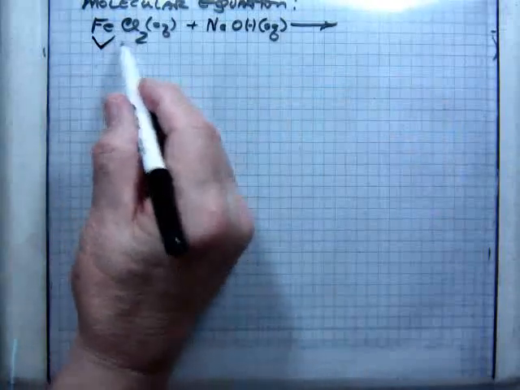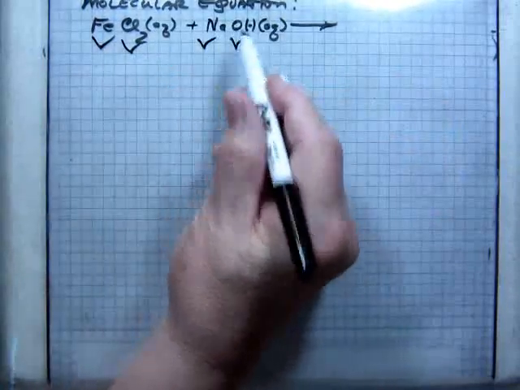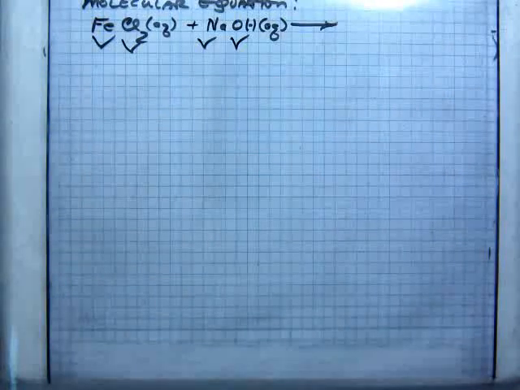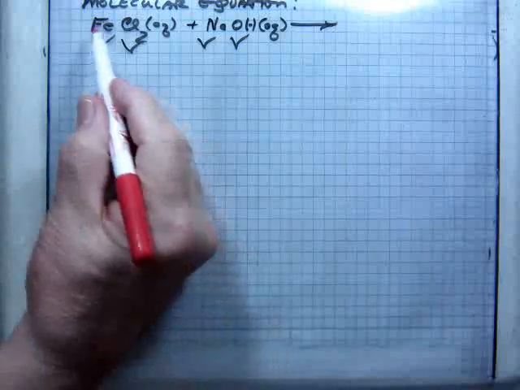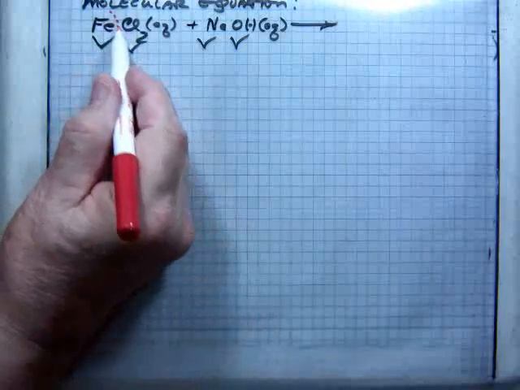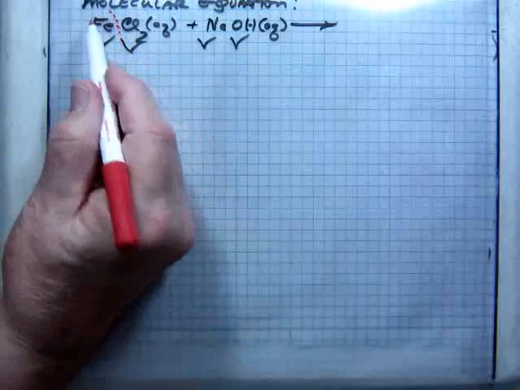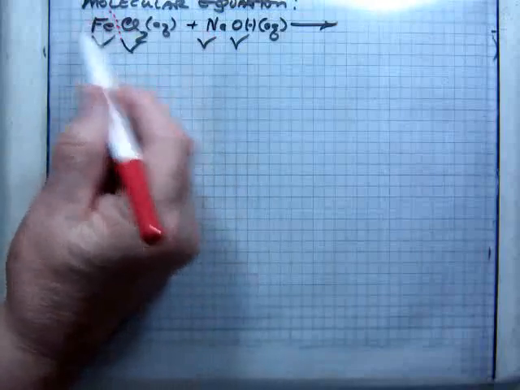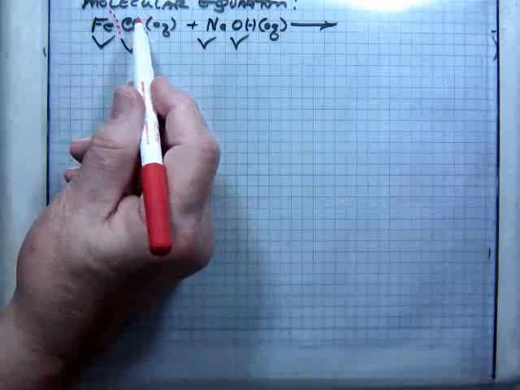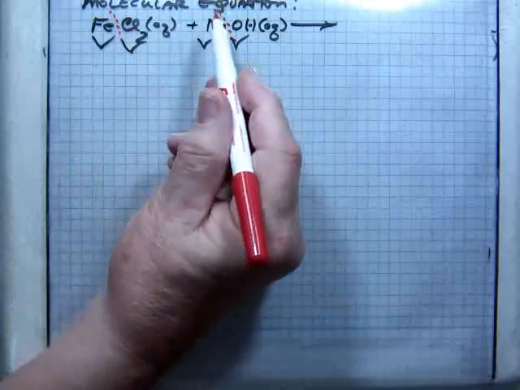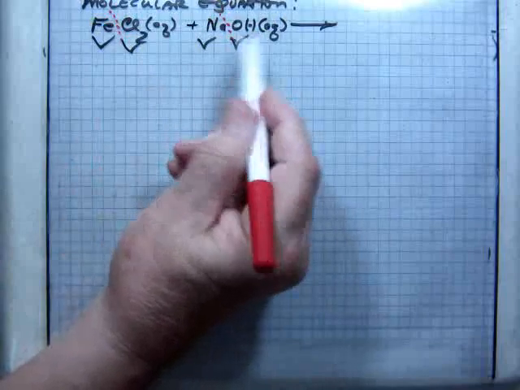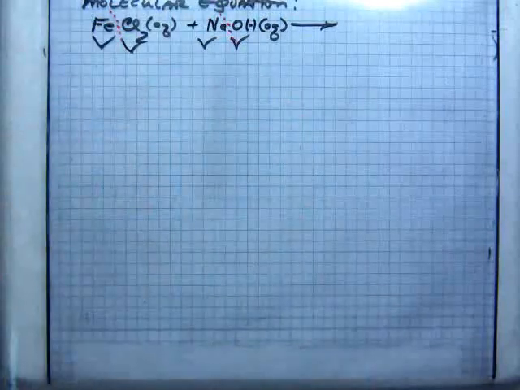So you need to identify the ions in the reactant side. And you recall what I told you yesterday about identifying where the polyions are and where the cations and anions are. From left to right in any compound, mentally separate the first metal from the rest of the molecule, and this is your cation. And chloride is your anion. Over here, you take the first metal, separate it from the rest of the molecule, and sodium is your cation, hydroxide is the polyion on the right side.